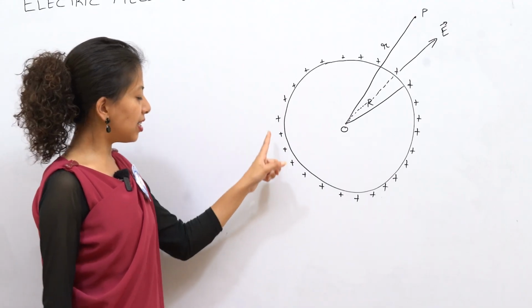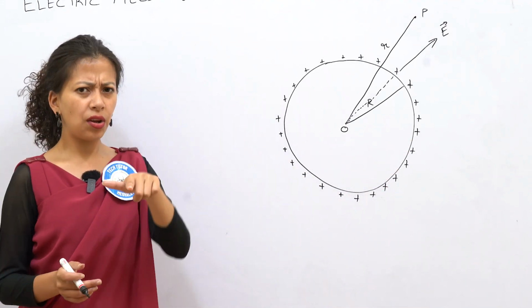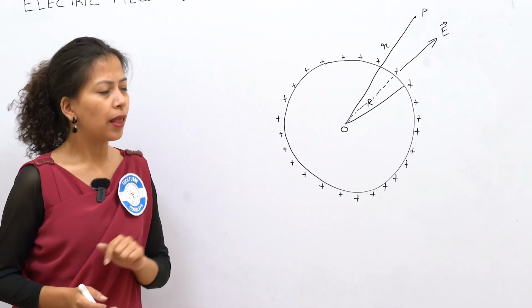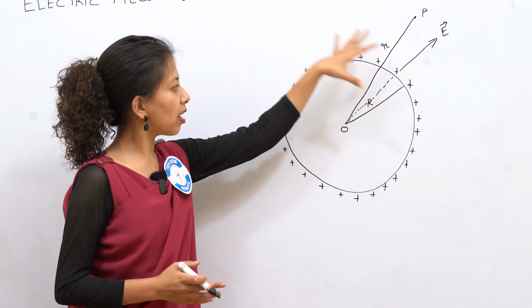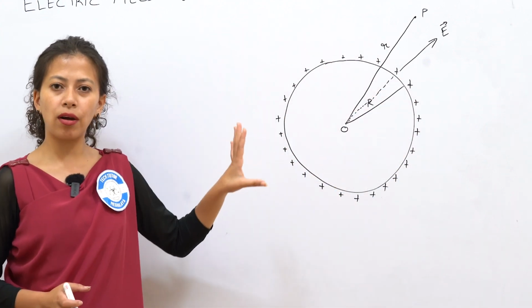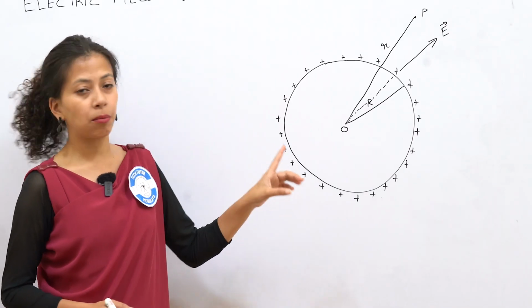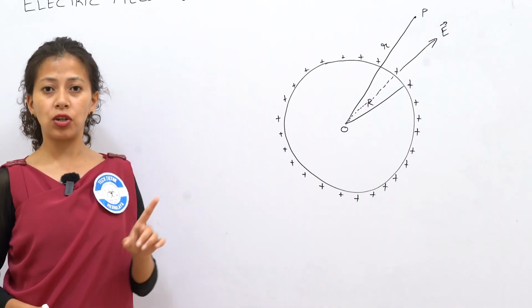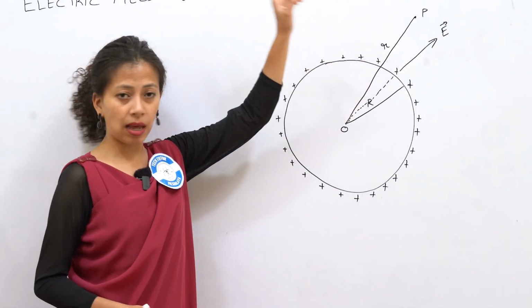The charges are only on the surface of the sphere, not inside the sphere. We draw a spherical Gaussian surface that passes through point P.